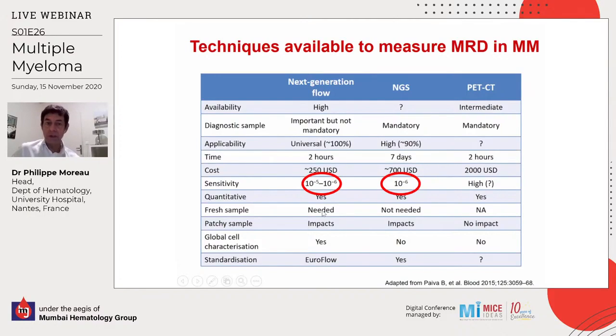This is the opposite of flow, where we need fresh samples. We are not exactly speaking about the same techniques. Some of us will think that flow is easier to use because we are using flow for many other diseases, such as acute leukemia, CLL, but flow for multiple myeloma, in my opinion, is a little bit different, more complicated as compared with flow for CLL, for example.